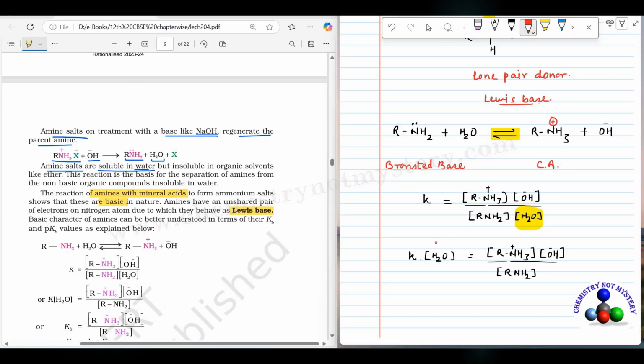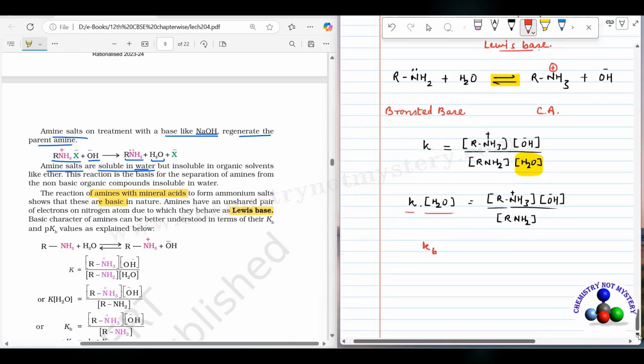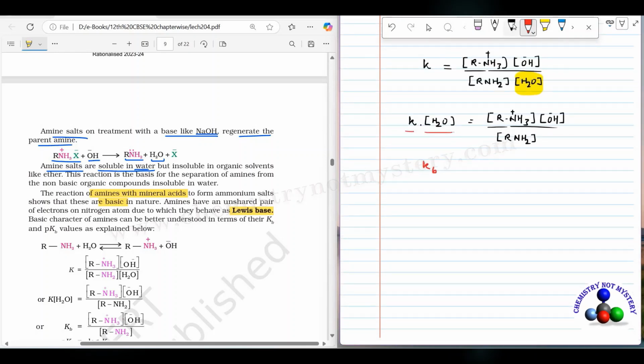So when you multiply one constant with another constant, you will get another constant. This constant is called Kb, as this is the dissociation constant for the base.